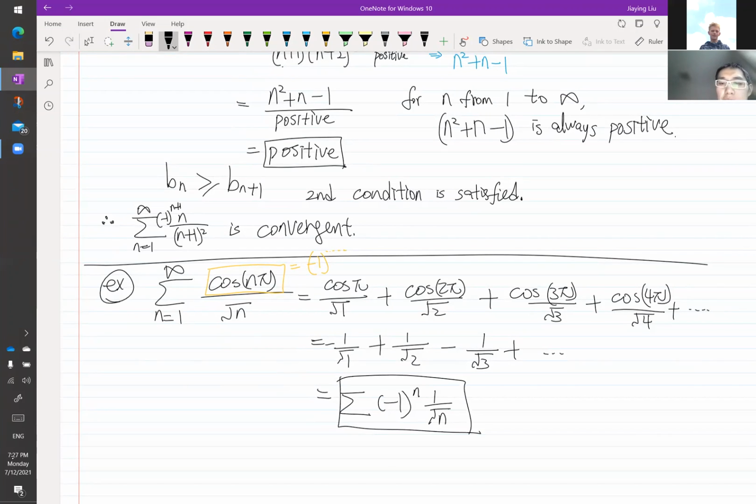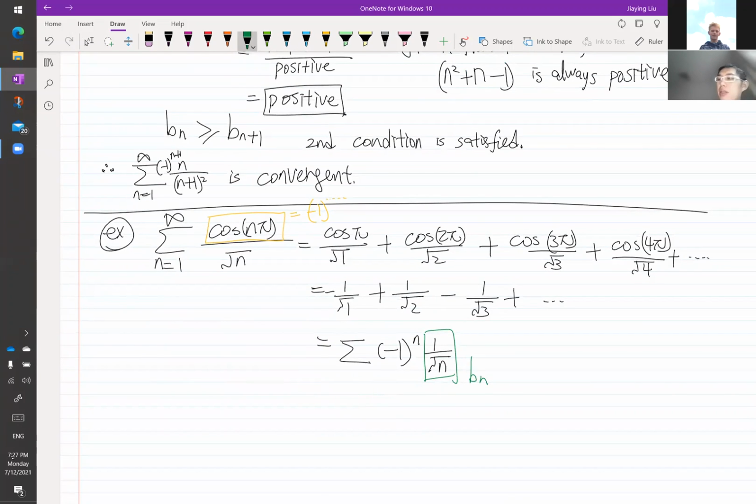And now if we have this familiar form, we can identify the Bn, and then we can take the limit. You can test that first condition, and then we can work on the second condition. So I'm going to do it quickly here.